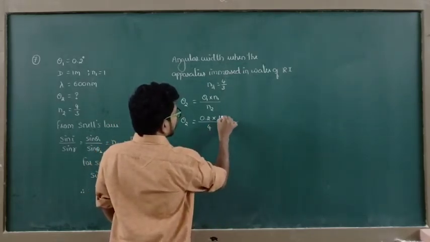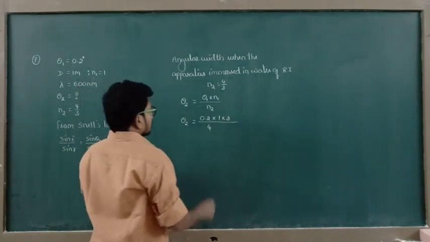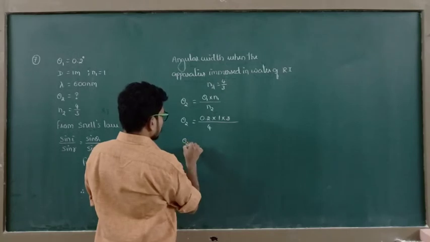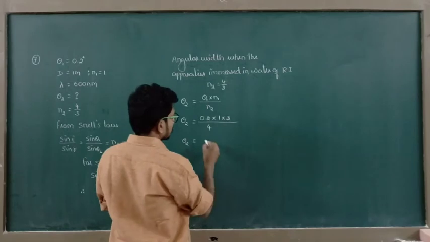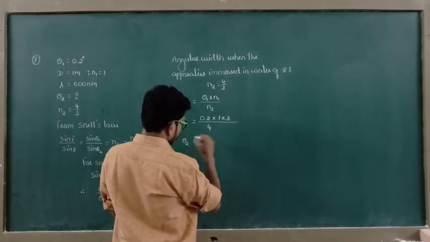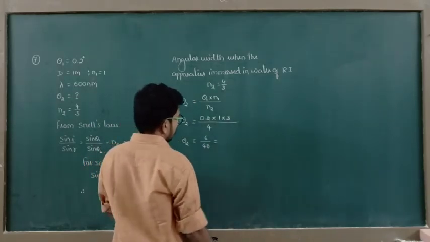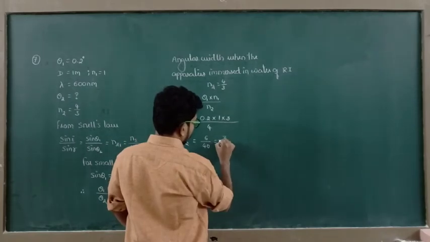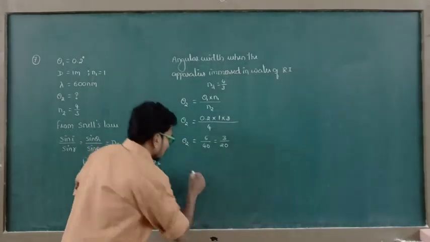So 3 in numerator. Then theta 2 is equal to 0.6 by 4, or 3 by 20.